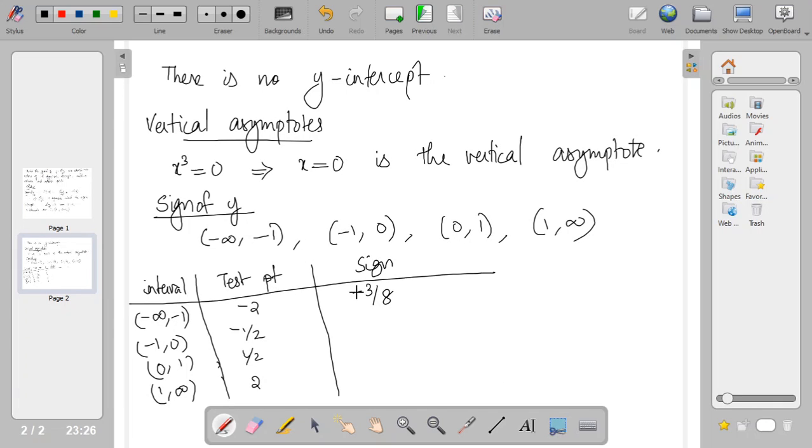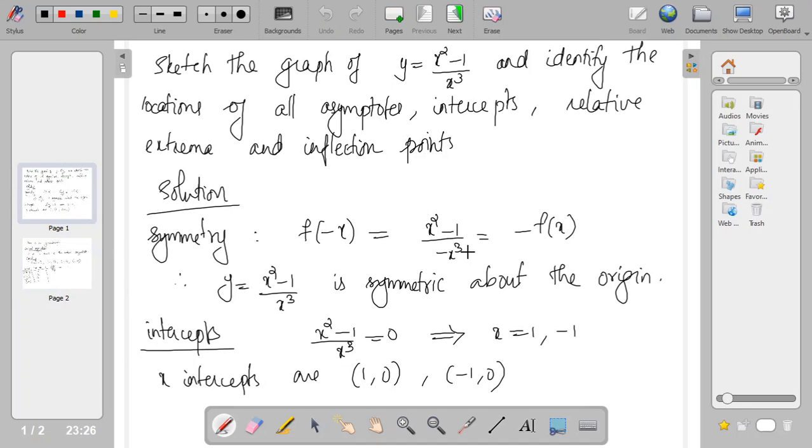Now when we take 1/2, we get 1/4 - 1, that is -3/4, divided by (1/2)³, which is -3/4 by 1/8.